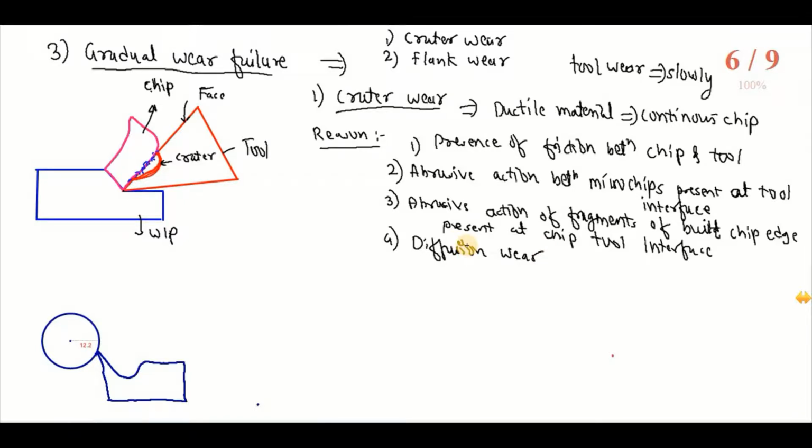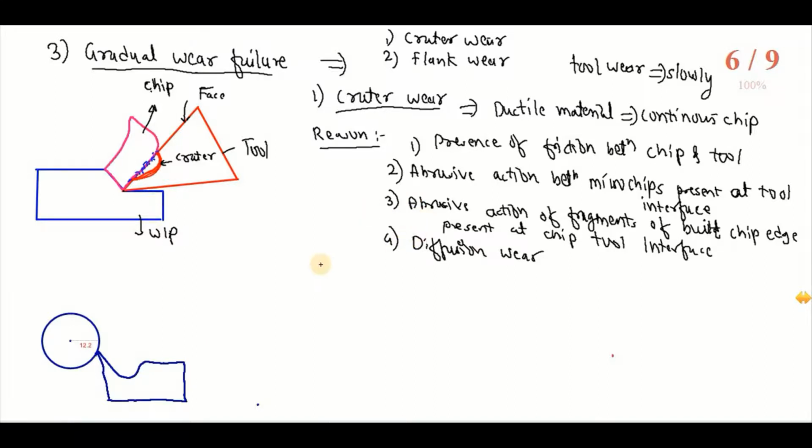Because of atomic attraction between atoms of the workpiece and the tool, tool material atoms diffuse from the tool and deposit over the workpiece, so that wear of the tool is called diffusion wear. So these might be the reasons for crater wear.